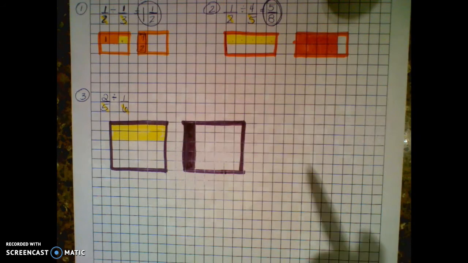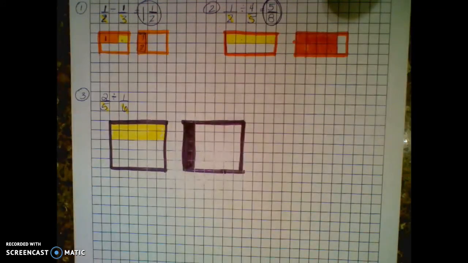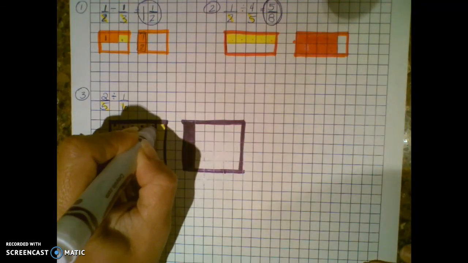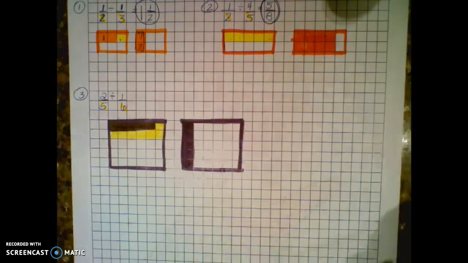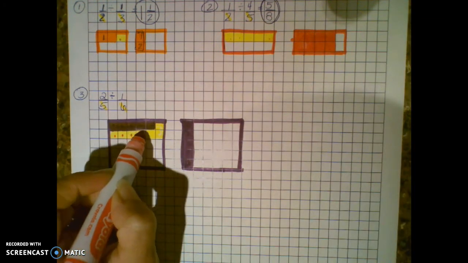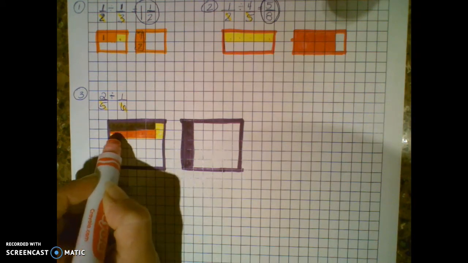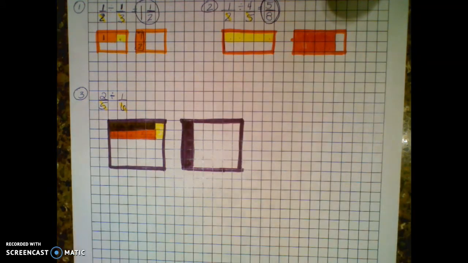So I think I can make a couple wholes here. So let's look. I've got 1, 2, 3, 4, 5. That's 1. And because I have another one, I'm going to use another color. And I'm going to say 1, 2, 3, 4, 5. That's 2. So I'm using 2 different colors to help me, just like when we did decimals, to remember how many there are.